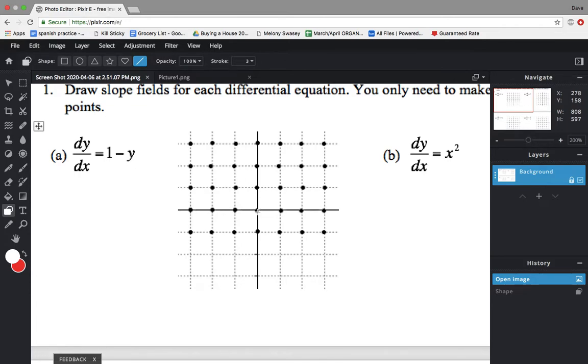The coordinates of this point are 0, 0, which means to find the slope of the line segment that I'm putting here, I plug in x with 0 and y with 0 in my differential equation. Now x doesn't even appear in this differential equation, so I'm just replacing y with 0. I replace y with 0, I get 1 minus 0, which is 1. Therefore, the slope of the line segment that I draw here is going to be 1. So something like this, okay?